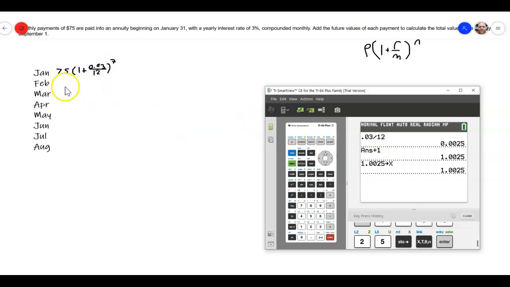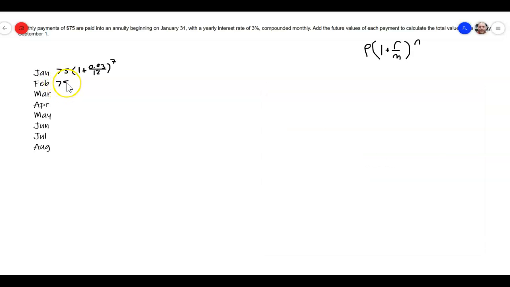So let's write the rest of these. Instead of doing this whole thing, it's just 1.0025. So February is going to be 75 times 1.0025 raised to the 6th, and then the same thing raised to the 5th.